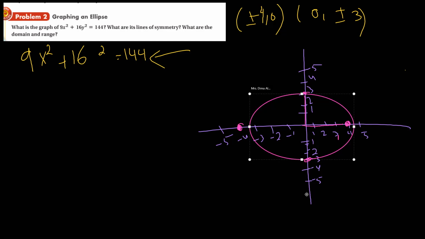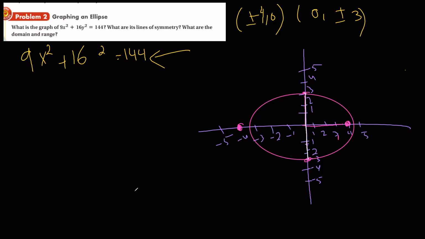We have two: y equals 0 and x equals 0, the x-axis and the y-axis. A line of symmetry cuts the graph into two parts.